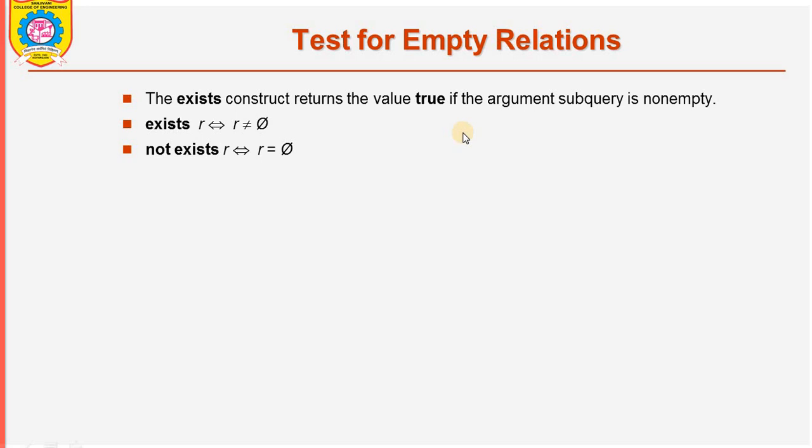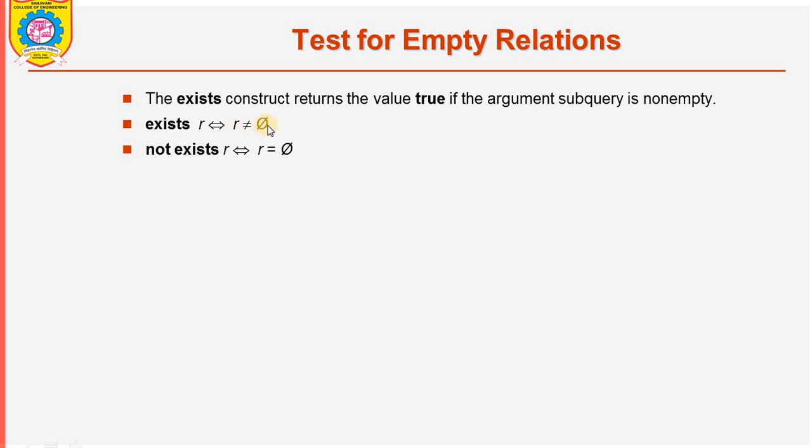Empty relation means if a subquery contains no tuple, then we say that the subquery is empty. If it is non-empty, then the exists construct will return the value true. So here it is written that if subquery is not equal to empty set, it means the subquery is non-empty.